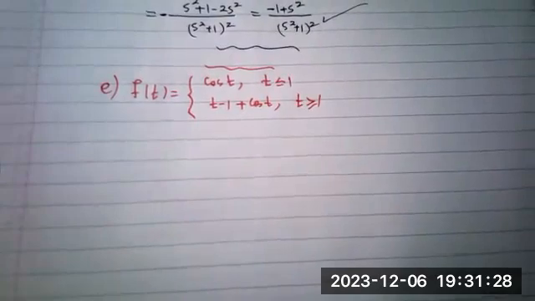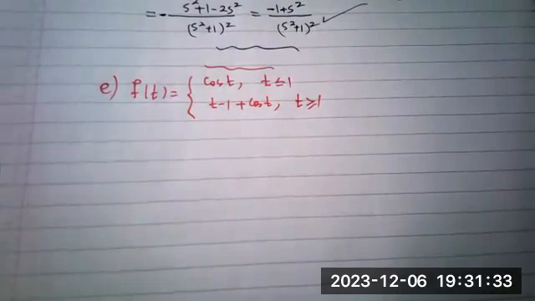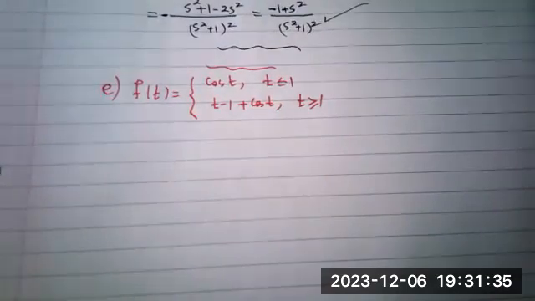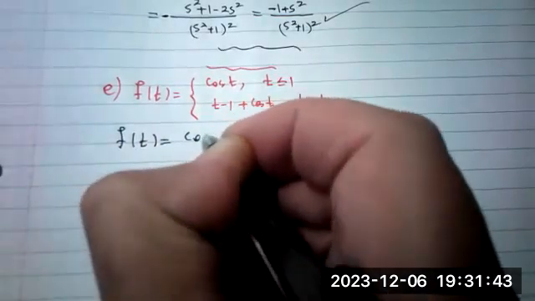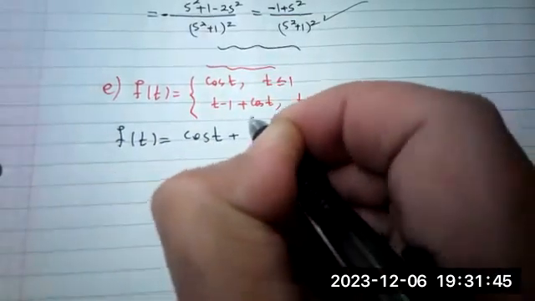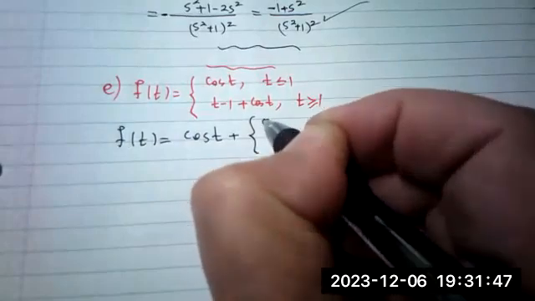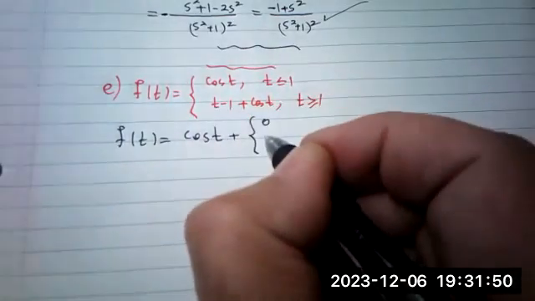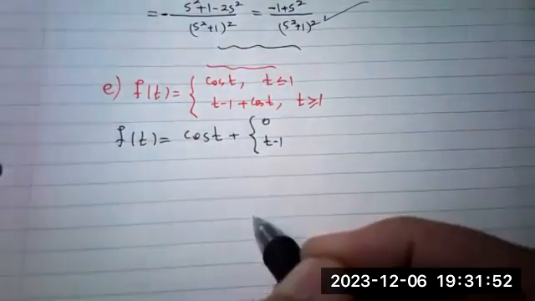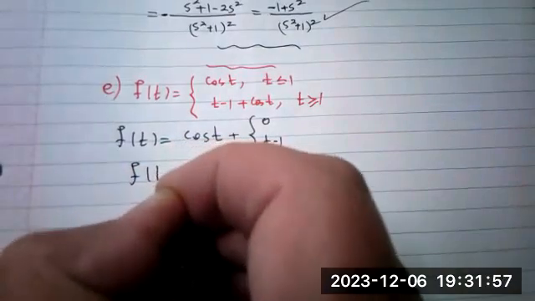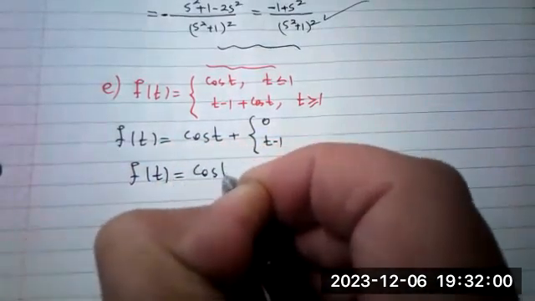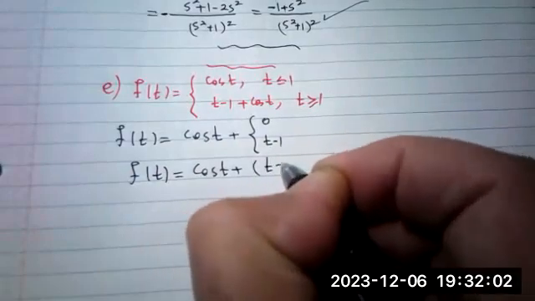You know that we change it into the unit step function, and then we take the Laplace transform. So we can take out the cosine t. We change it into the popular format. It's going to be cosine t. The leftover is going to be 0 on the top, and this is going to be t minus 1. So f of t is going to be cosine of t plus t minus 1.